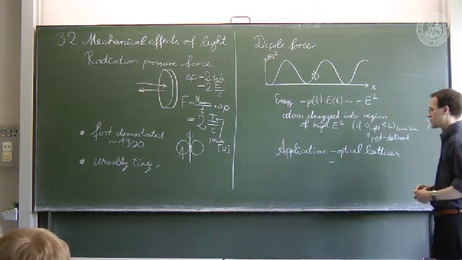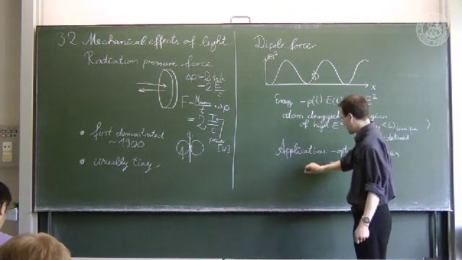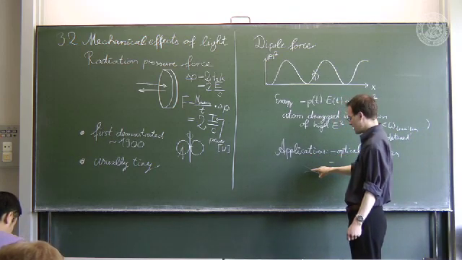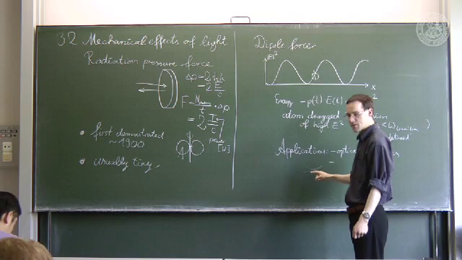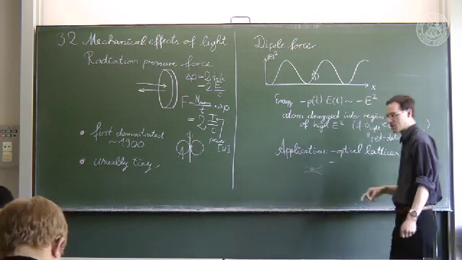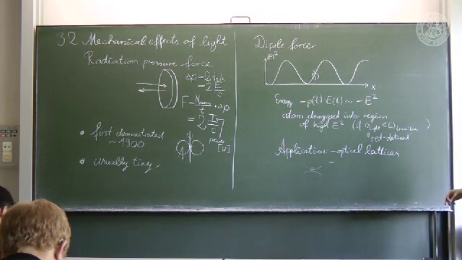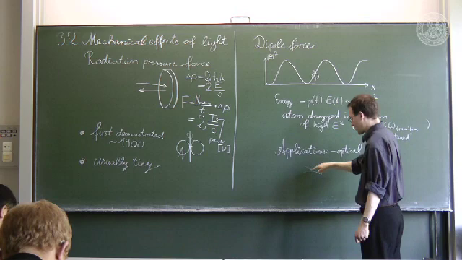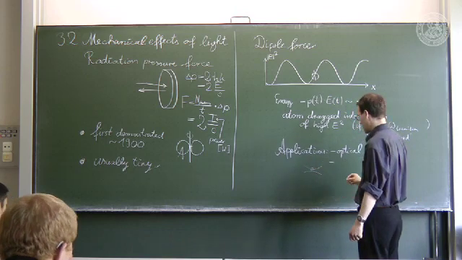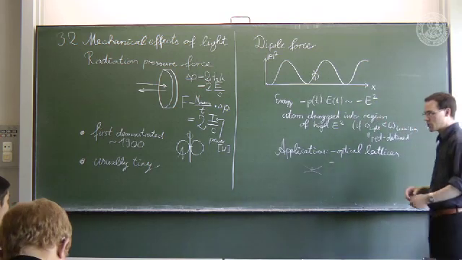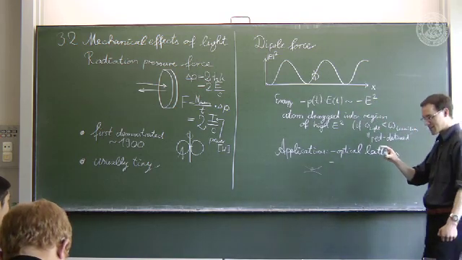There are other applications, for example, instead of having a lattice, you could just have a focused laser beam and then the intensity would be highest in the focus of the laser beam, so polarizable particles would be dragged into the focus, and that is used, for example, in biophysics to drag around small spheres. And this application then would be called optical tweezers, so in German, a Pinzette.